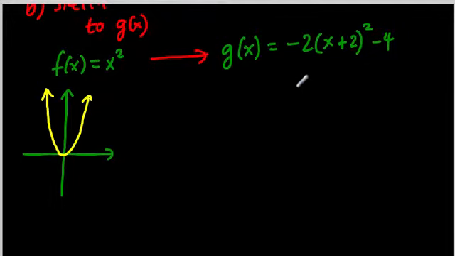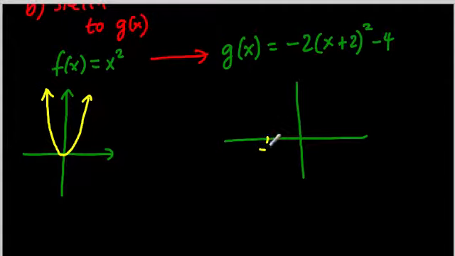Let me just try to make it straight if I can. All right, that's not very straight either, but you get the idea. So in this case, the vertex is negative 2 and negative 4, and that's our point, and it's facing down. So that's basically it. So this was our original parent function, and we've transformed it to this.